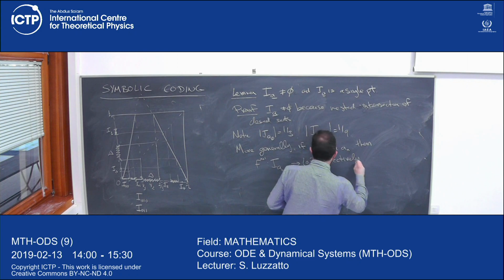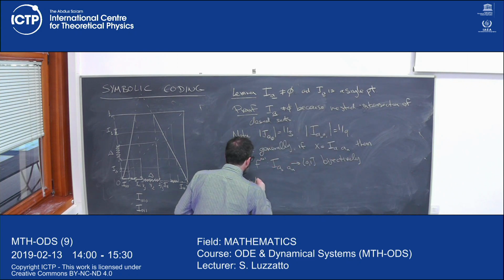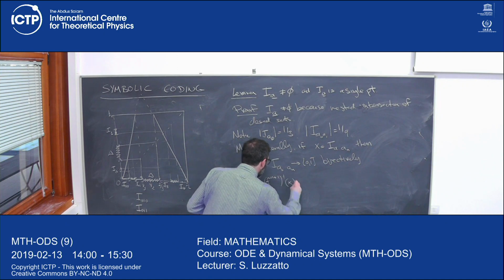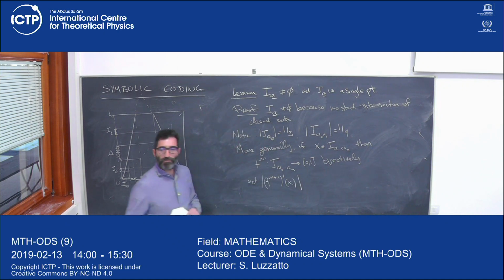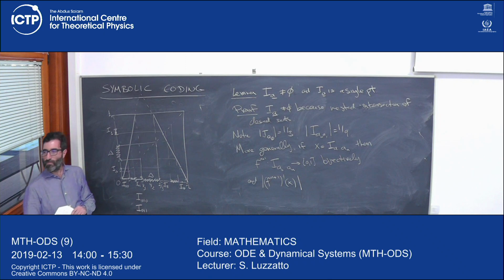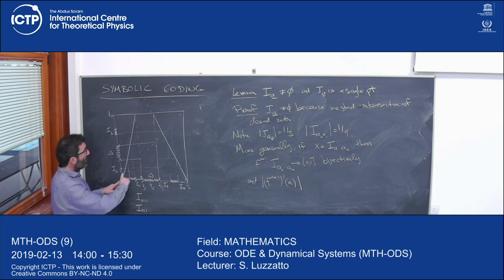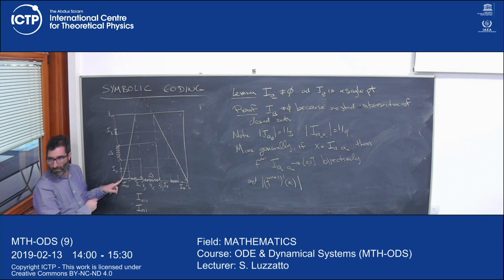And what is the derivative? Fn plus 1 prime of x is what? 3 to the power n plus 1, right? Because the derivative is always 3 here, either 3 or minus 3.